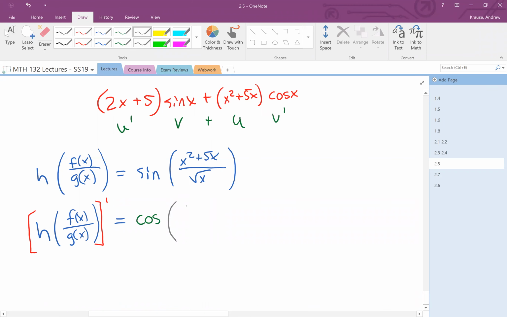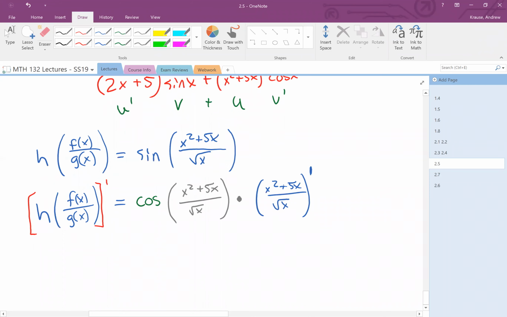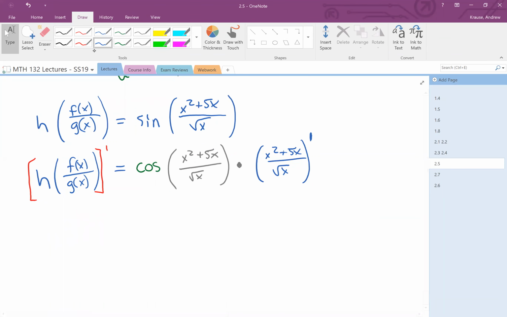We're going to leave the inside function, and we're going to need to multiply by the derivative of that inside function. So we have the cosine of (x squared plus 5x) over square root of x.